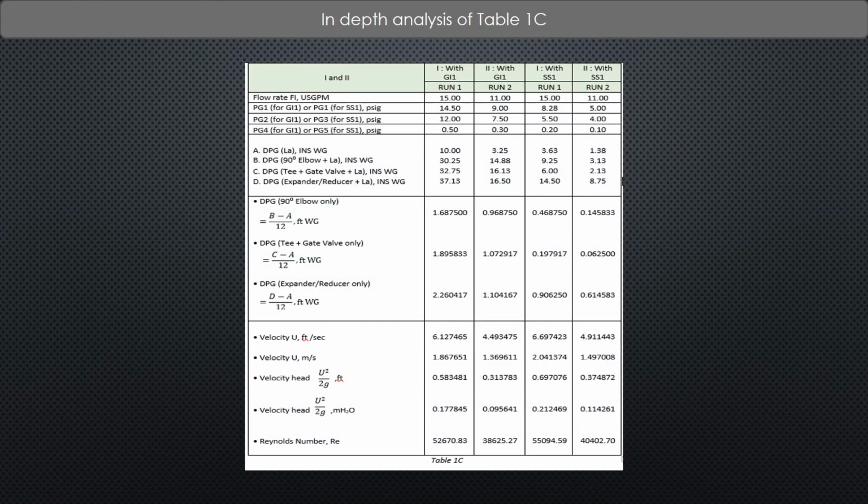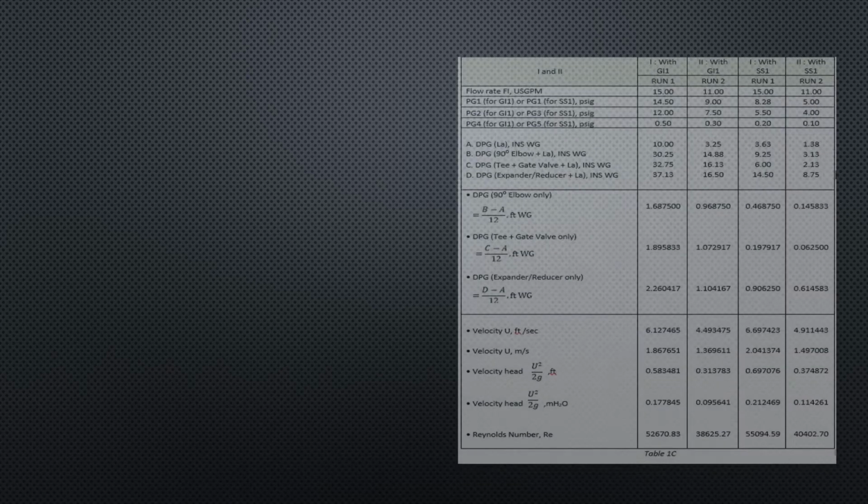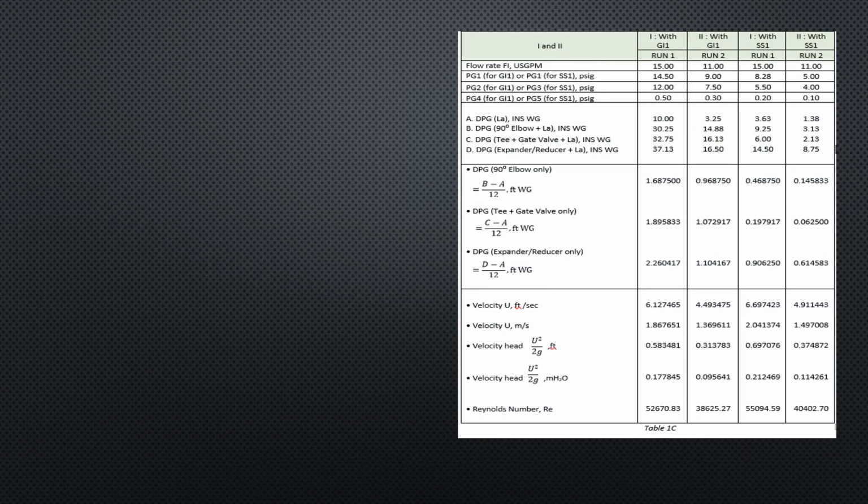We move on with Table 1C. This is the overview of the results collected and calculated. Basically, data from Table 1A and Table 1B are transferred to this table known as Table 1C. Let's look at this closely.